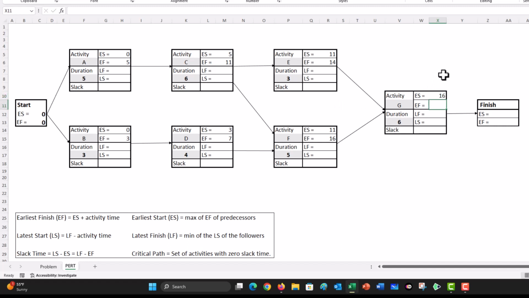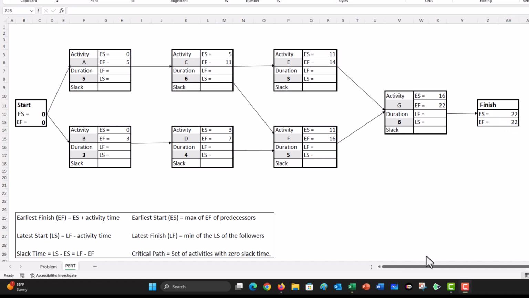And the earliest finish is going to be 16 plus 6, or 22. And we go to the finish event. The earliest start time is going to be the earliest finish time of G, which is 22. Finish activity doesn't have any activity time, so its earliest finish is going to be 22.